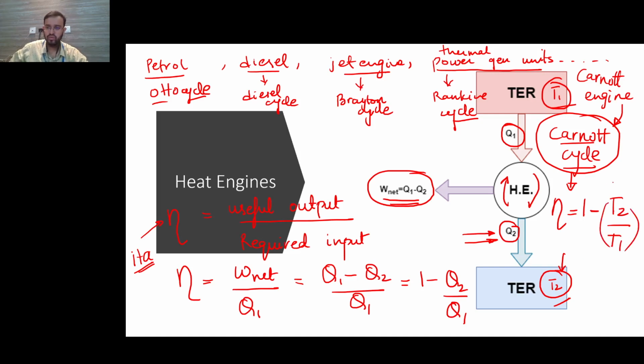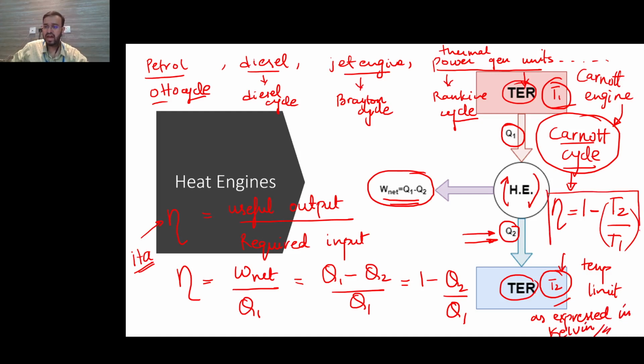All right, where T2 and T1 are the temperature limits, or the temperatures of the respective thermal energy reservoirs as expressed in Kelvin. So we can utilize this formula to get an idea of what the maximum efficiency of any thermodynamic cycle can be.